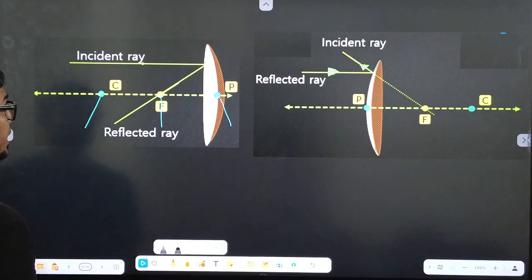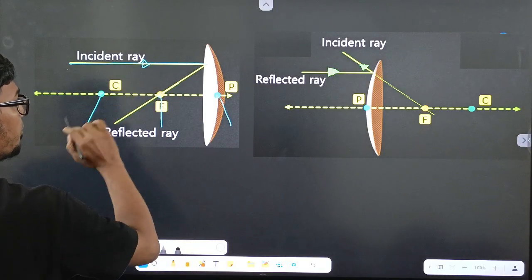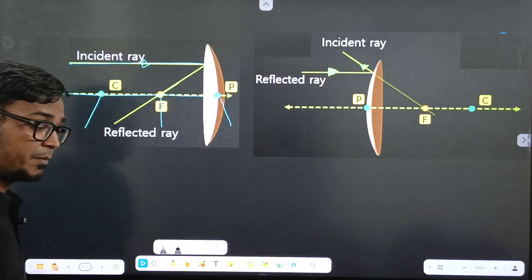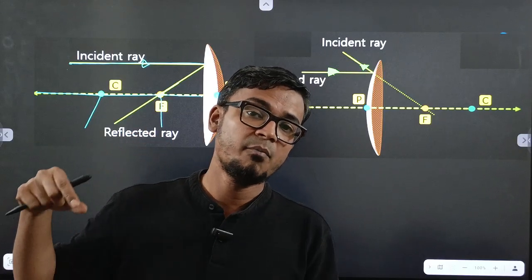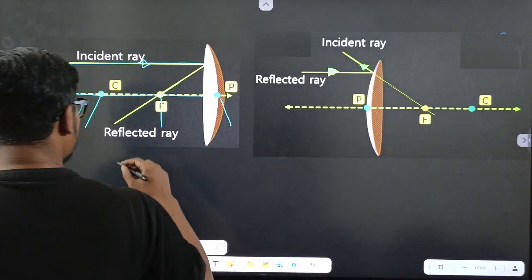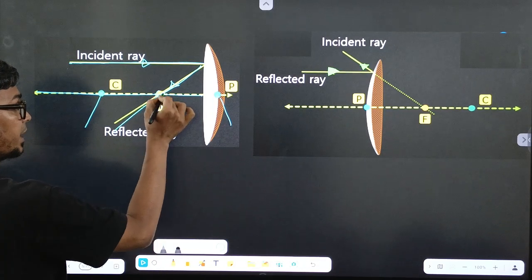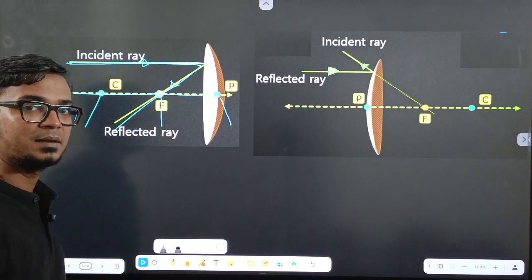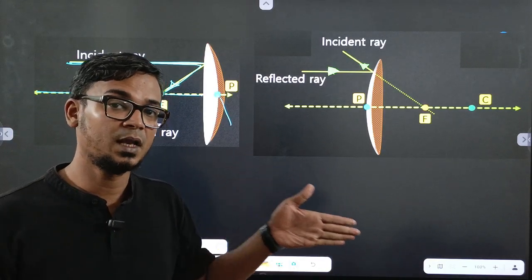Okay, now when the incident ray is parallel with the main axis or principal axis, I am repeating this sentence: when the incident ray is parallel with the main axis, then the reflecting ray will go through the focal point. Okay, this is the focal point. If the incident ray is parallel with the main axis, then the reflecting ray will go through the focal point.